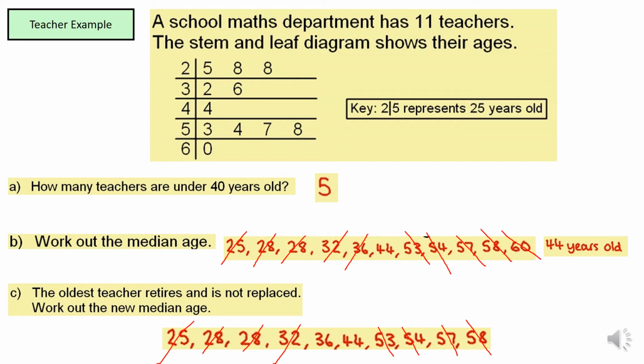My median would be the number in between these two numbers, between 36 and 44. The number between 36 and 44 is 40, because it's 4 away from 36 and 4 away from 44. Another way is to add those two numbers together and divide by 2. So 36 plus 44, divided by 2, you get 40 years old. Or you can just find which number is between 36 and 44.